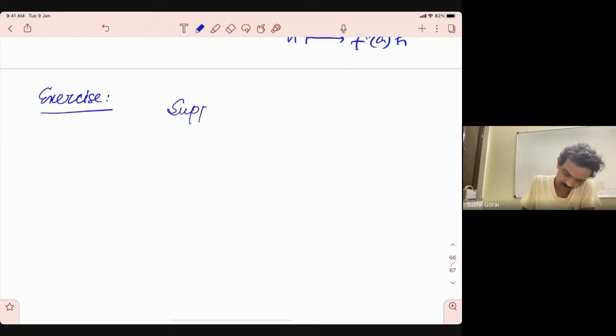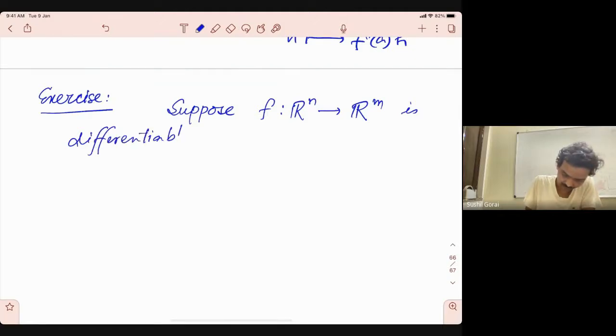Suppose f from Rn to Rm is differentiable at, let's say, a in Rn.